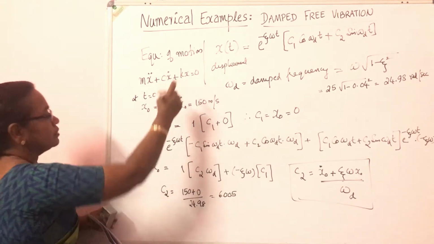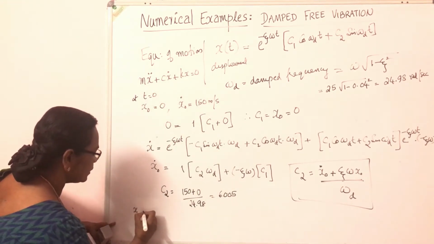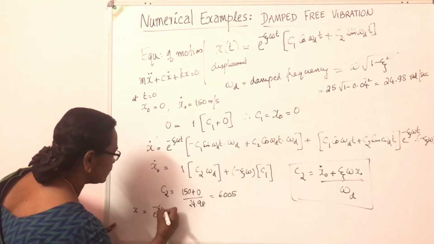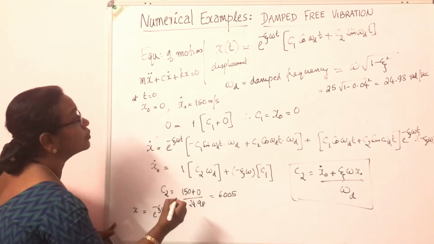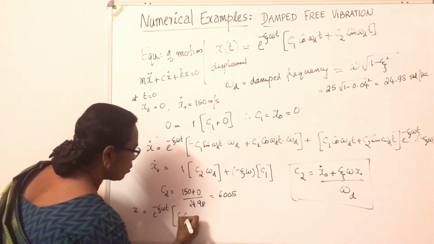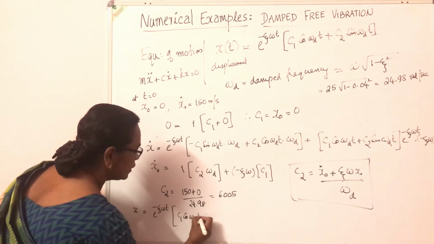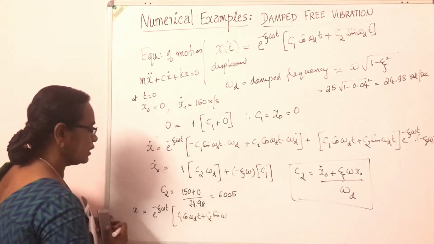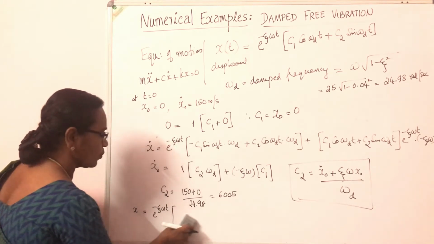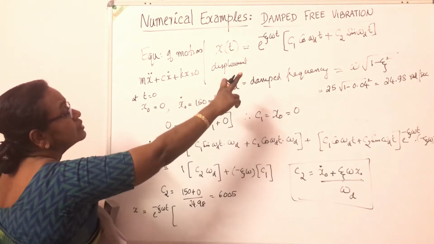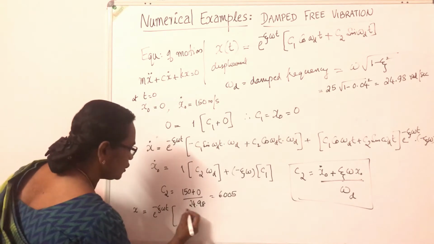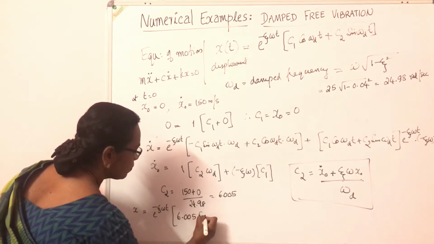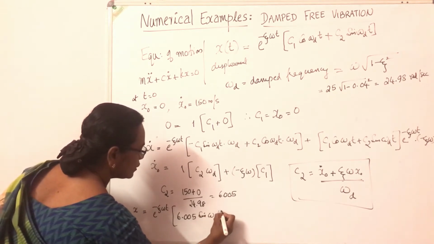Therefore, the displacement at any time is equal to e raised to minus psi omega t into C1 cos omega dt plus C2 sin omega dt. In this, C1 is 0, so the first term vanishes. The second term is C2, which is 6.005, sin omega dt.